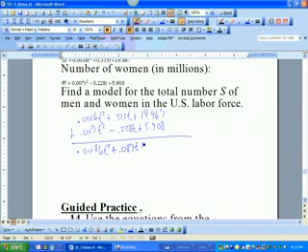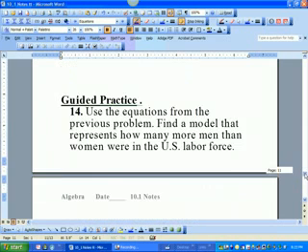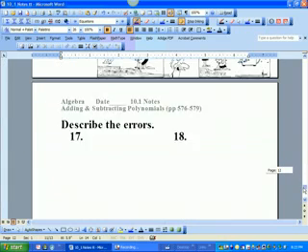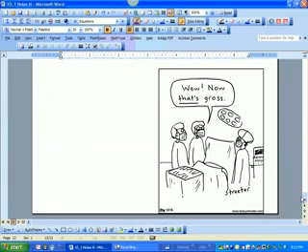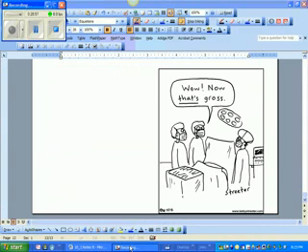And then add 19.467 plus 5.908, and I get 25.375. There you are. And that's all you have to do. Now the rest of them I want you to do by yourself. That's our guided practice.